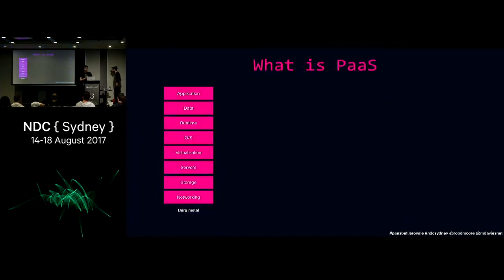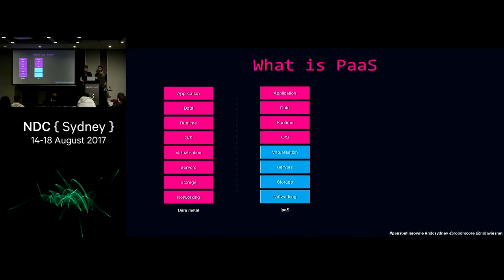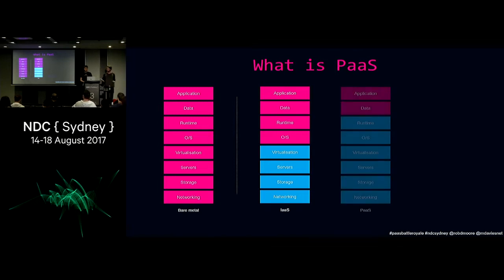Cool, very good. So as Rob said, I'm sure most of you know what PaaS is. If we just take our standard under-the-desk bare metal server that's running all our critical systems, it looks something like this on the left. You kind of have to deal with everything yourself, from storage, networking, and so on. If we look at virtual machines or infrastructure as a service, some of those concerns get taken away from us and dealt with automatically by whoever's providing the virtual machines.